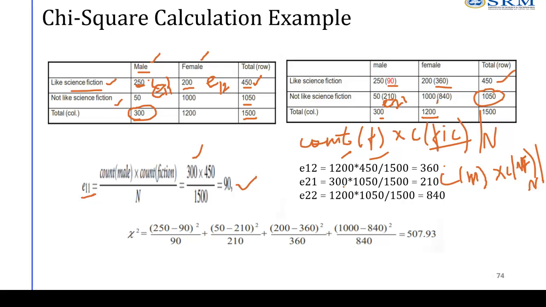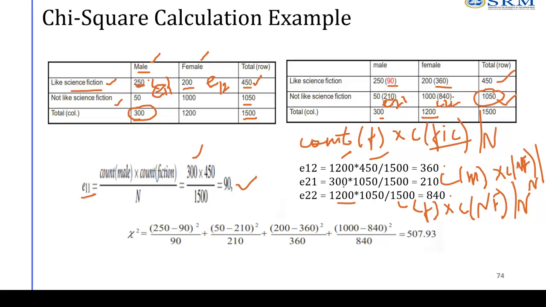When you come to the cell E22, could you guess? It will be the count of female into the count of non-fiction, divided by n. The count of female is 1200 into 1050 divided by 1500, which is 840. So the expected value is 840.